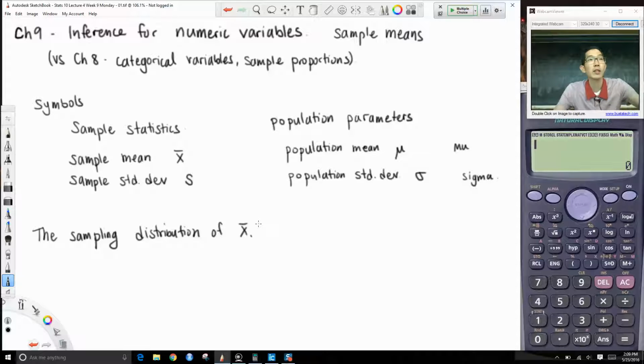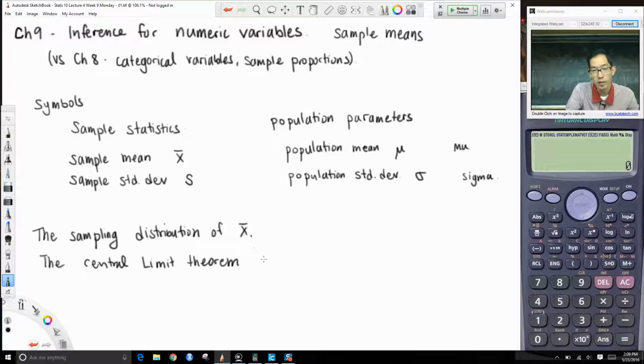The central limit theorem told us that the sampling distribution of P hat could be approximated with the normal distribution. Same thing here, we have the central limit theorem, which also applies to the sampling distribution of X bar.